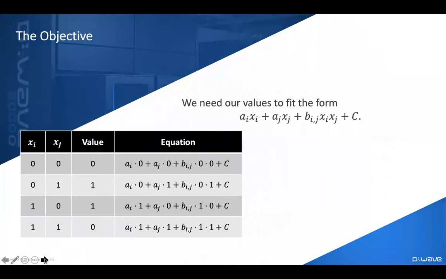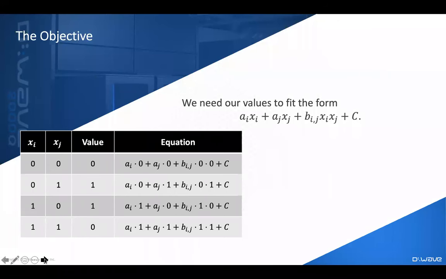So now, how do we do this? And the equation where it says we need our values to fit the form, where did that come from? If you look at it, it's the most general QUBO that you can write for an xi and an xj. How do I know that? Well, look at the first term, ai xi. ai is some number called a bias, and it's just a linear term.